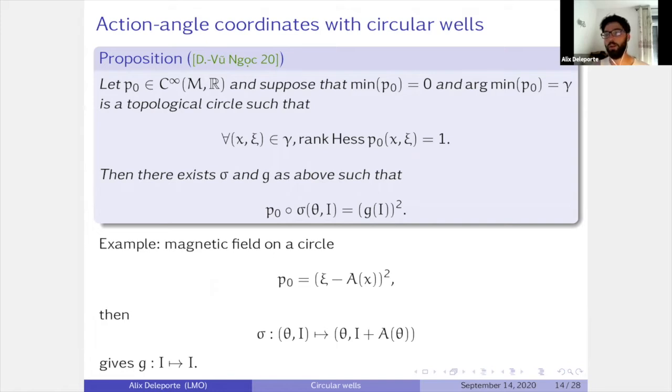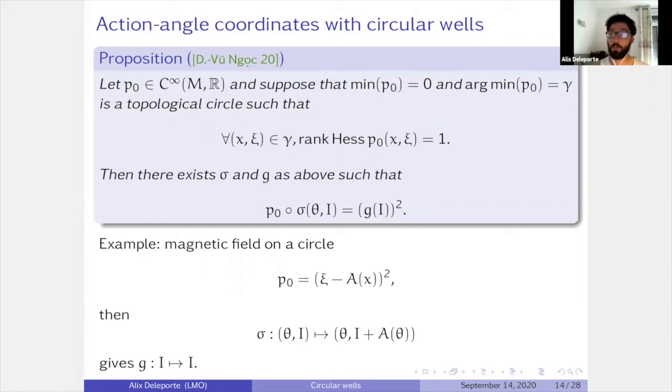And the way it works is, if you assume that you have a Morse-Bott function on a two-dimensional manifold reaching its minimum in a non-degenerate way in a closed curve, then this function has a smooth square root. So there exists f such that p naught is f squared.